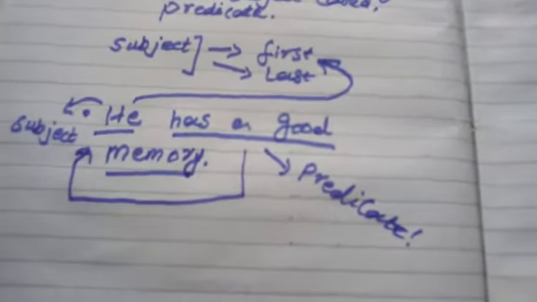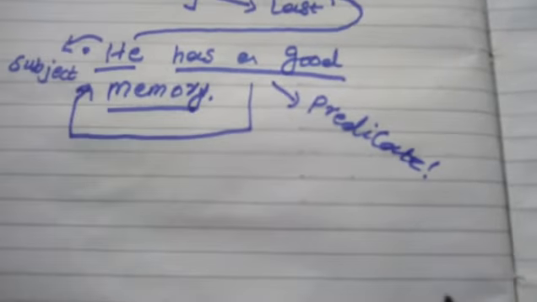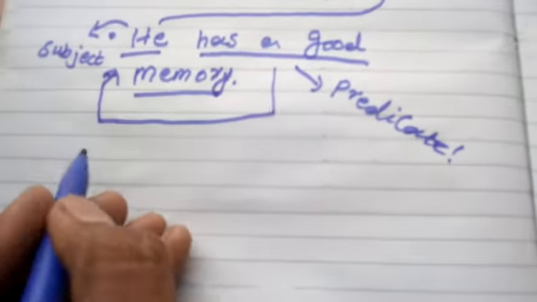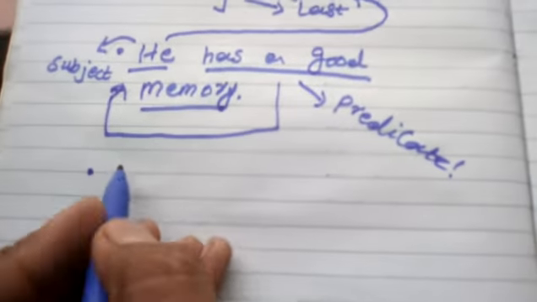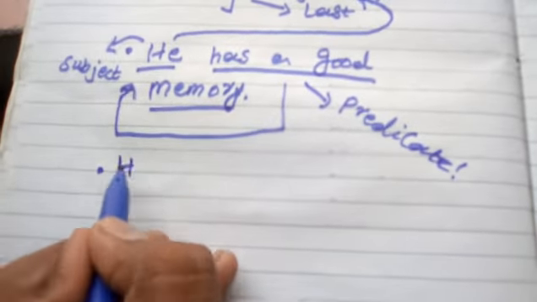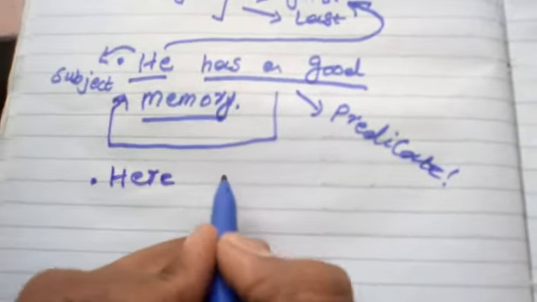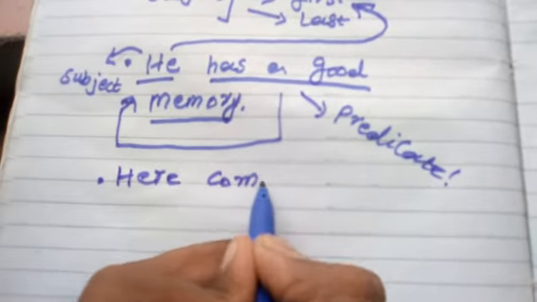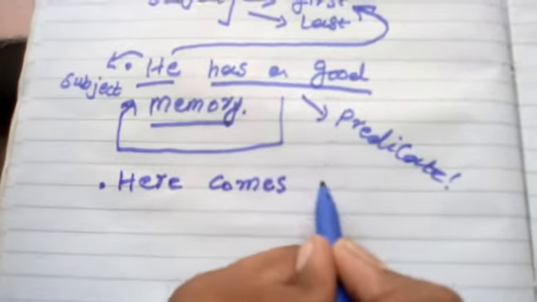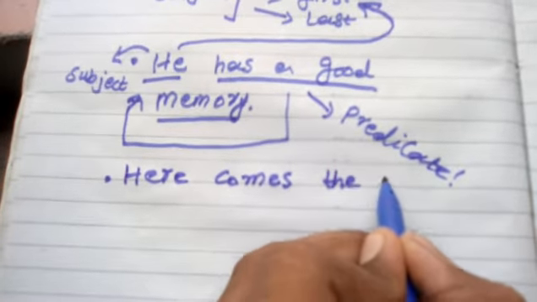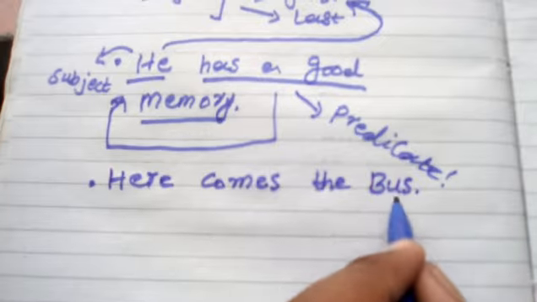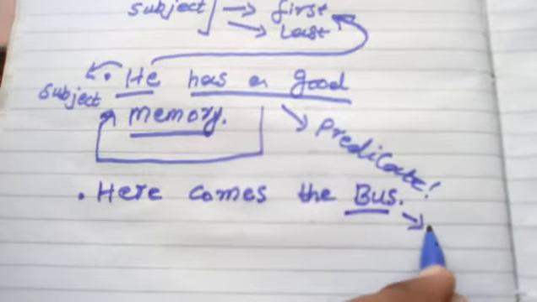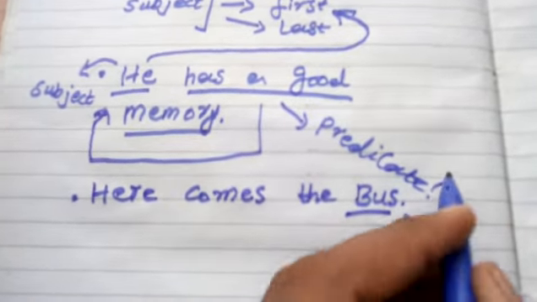Okay friends, in our second example you can see, I can say, here comes the bus. Bus is the subject. Anything that we can see is a subject.